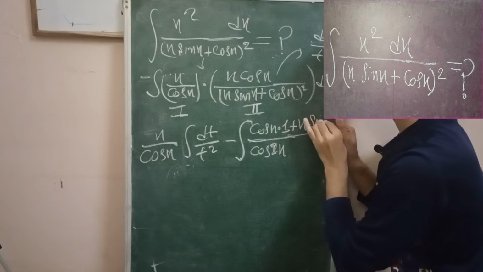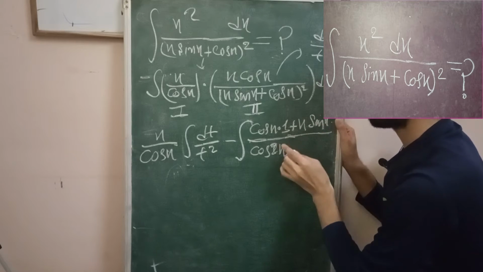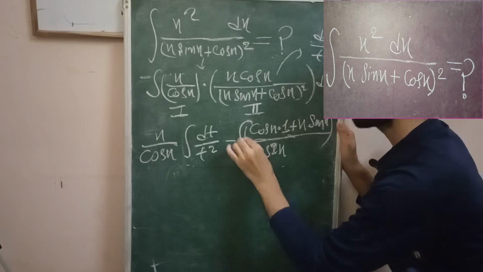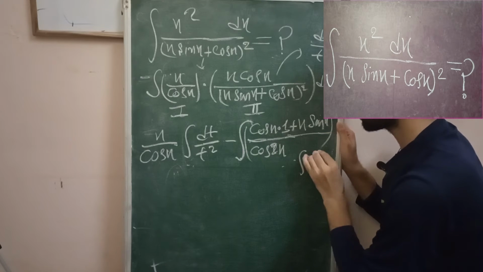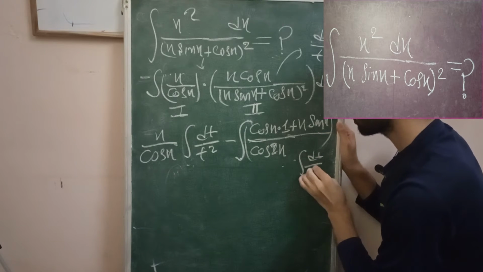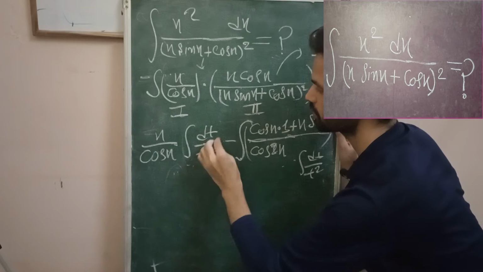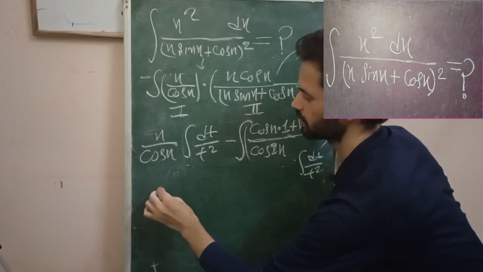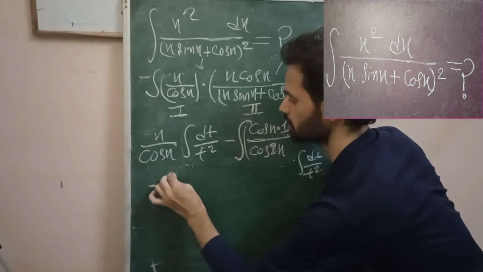So this is x sin x. Then into integration of dt by t square. What is the integration of 1 by t square? It is nothing but minus 1 by t. So that is minus x by what?